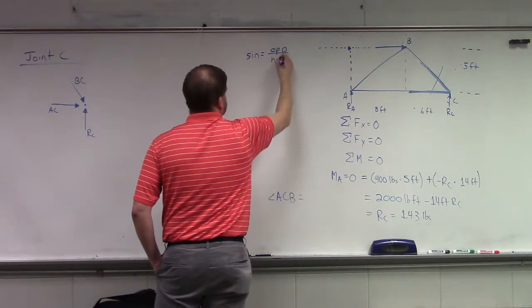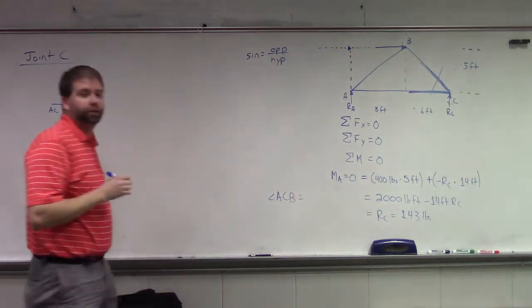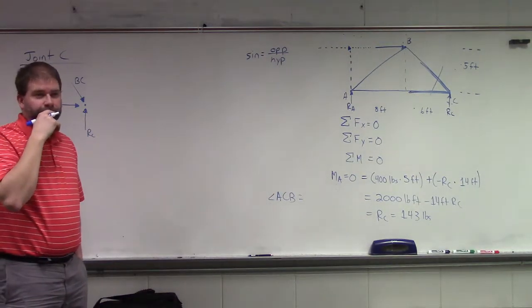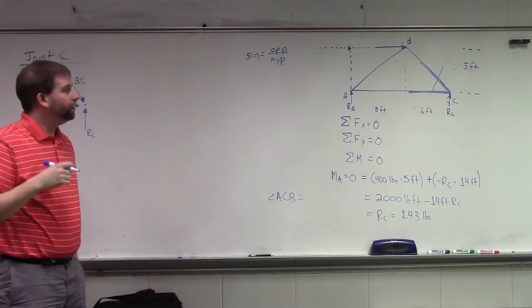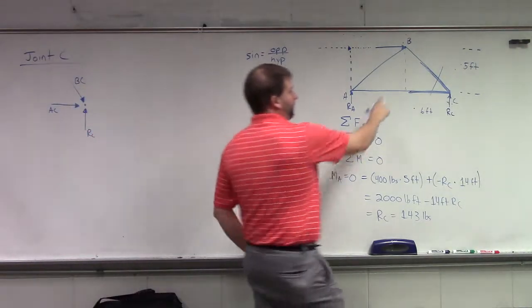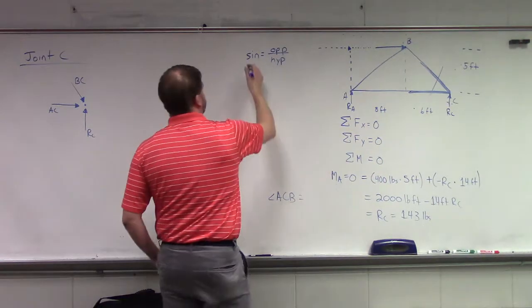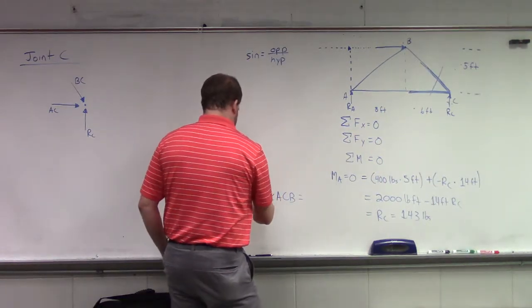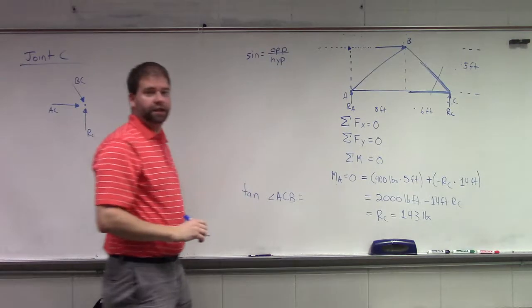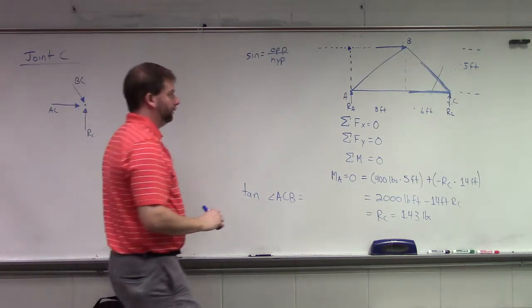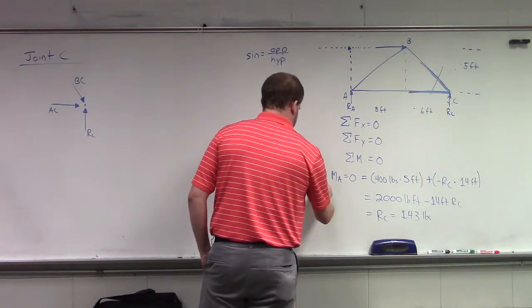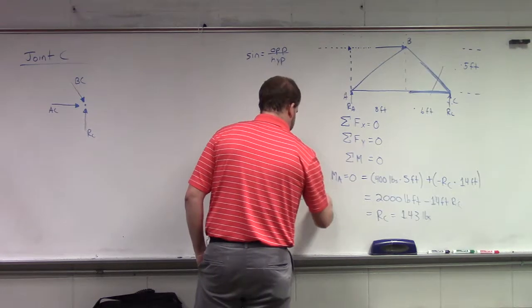Do you know the hypotenuse? No, we know the opposite and you know the adjacent, right? So we want tangent of angle ACB equals 5 feet divided by 6 feet.